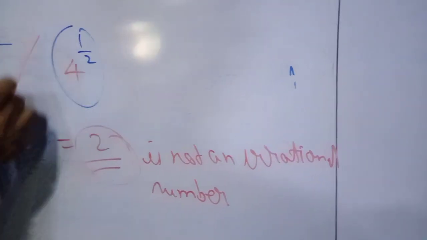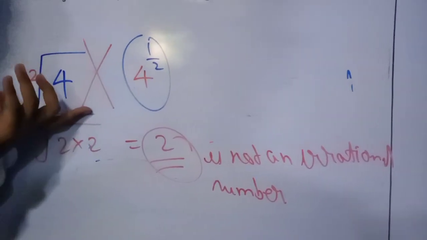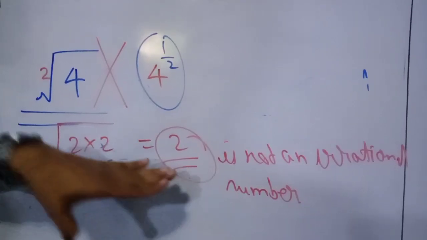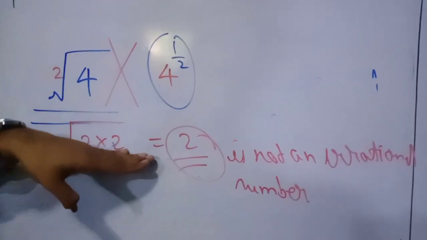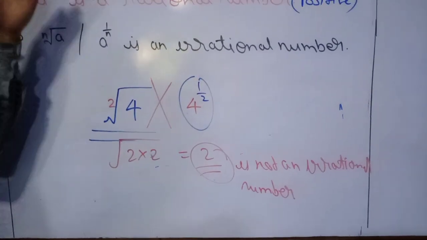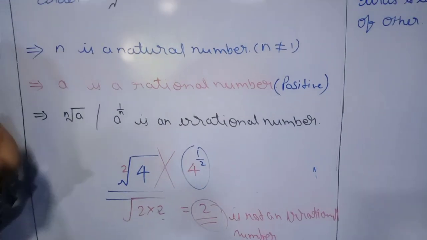So we can say this is not a surd. Means if we can get the answer according to the order, that is not a surd. If I am not getting the answer, that is a surd in our understanding language. So this way we are going to identify whether the given are surds or not surds.